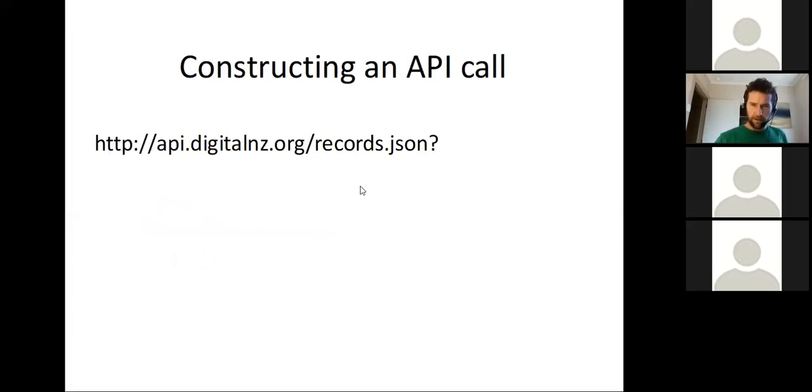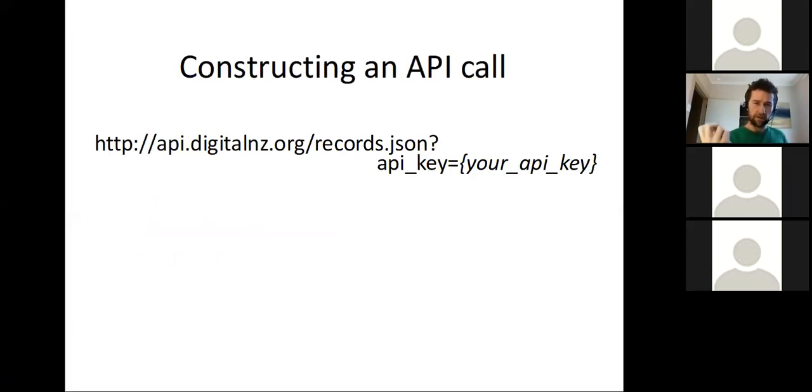The question mark there is an important part of the constructed URL, so the pattern changes after here. Once you've defined the endpoint you want and the type of response you want, you put a question mark, and after that the pattern is key value pairs, so name and value. The name of the field is api_key, and then you'd enter your API key as the value there.